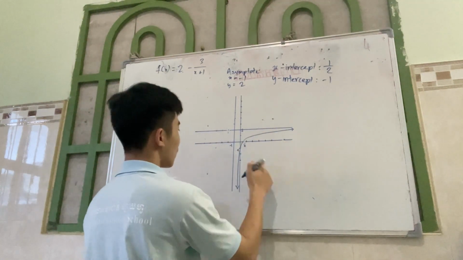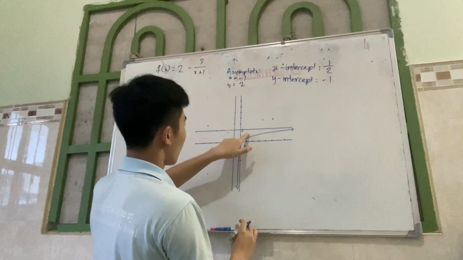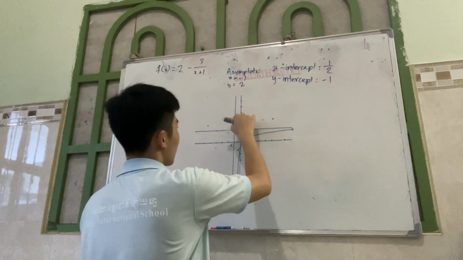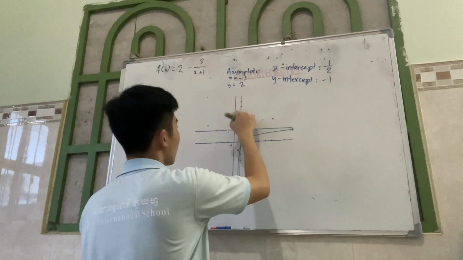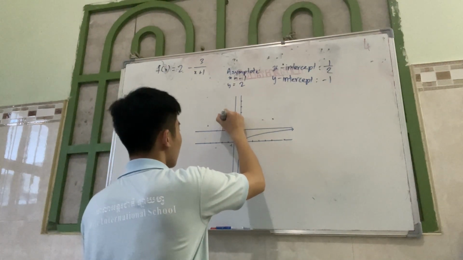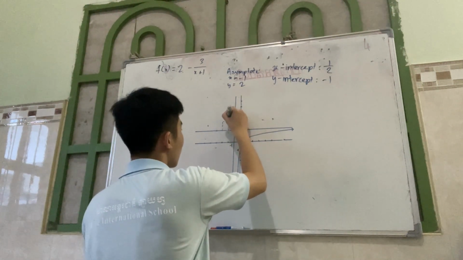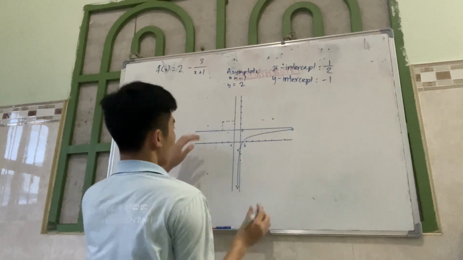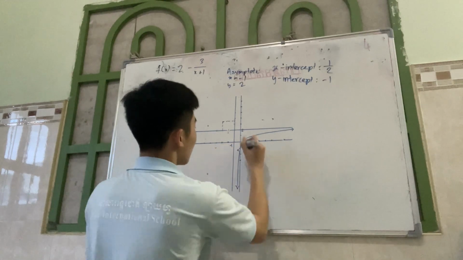So it goes out by 1.5, then here, and 2. This point reflects from this one.